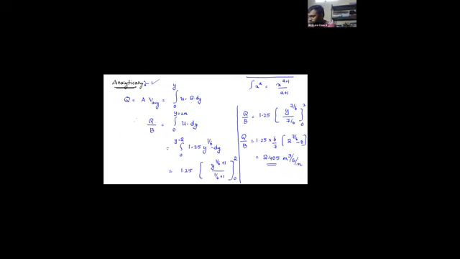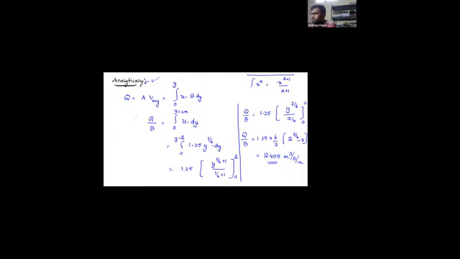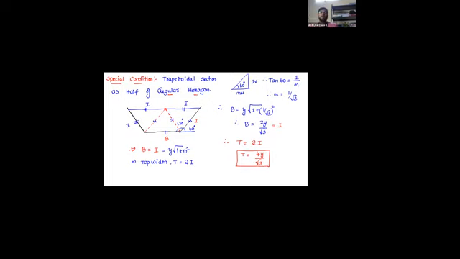So in yesterday's class, we discussed the types of prismatic channels, that is, types of channels, channel boundaries and channel geometry. Yesterday we discussed up to the trapezoidal section.